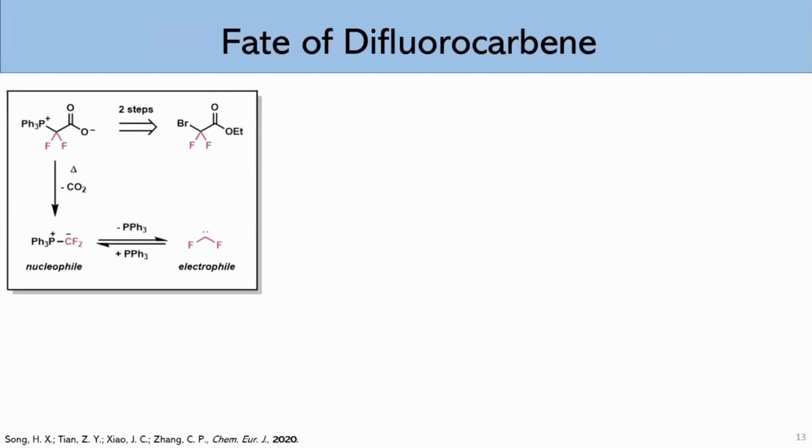So one of my co-authors, Tristan, wanted to set out to find the intermediacy of the difluorocarbene, because PDFA, upon loss of CO2 under heating, gives you this nucleophilic ylide, and then that's in equilibrium with this electrophilic carbene.